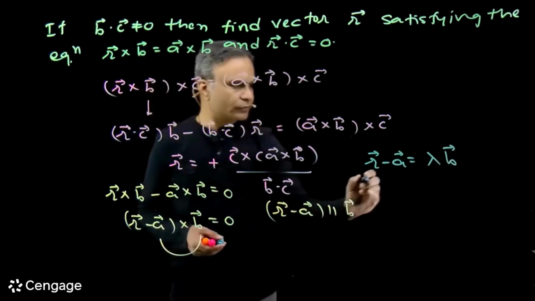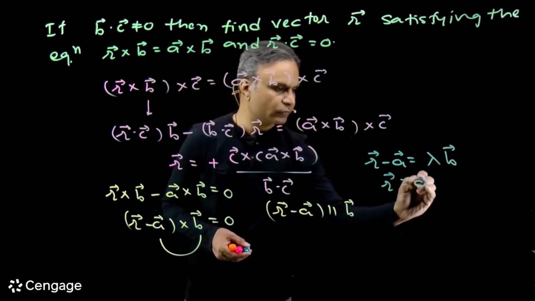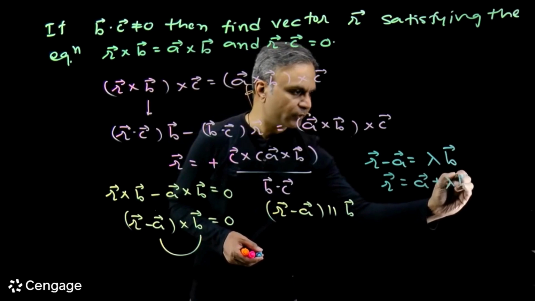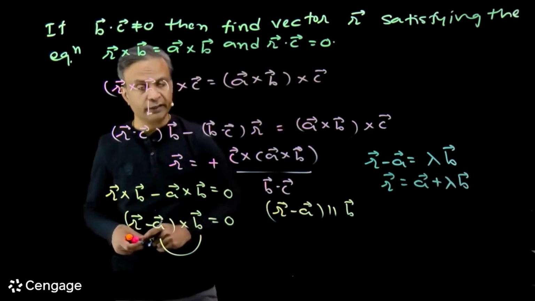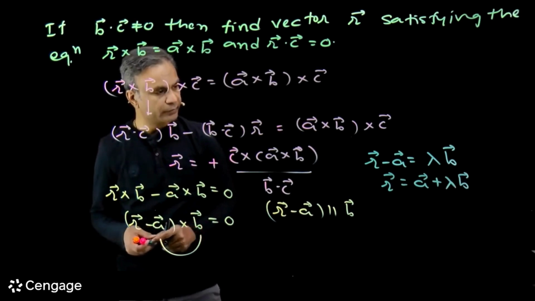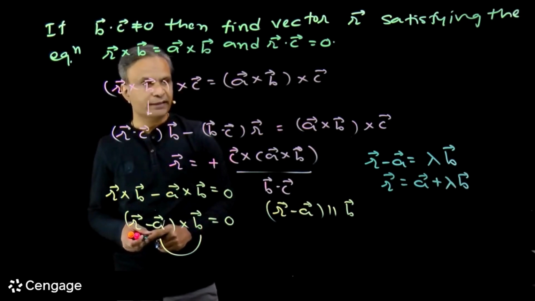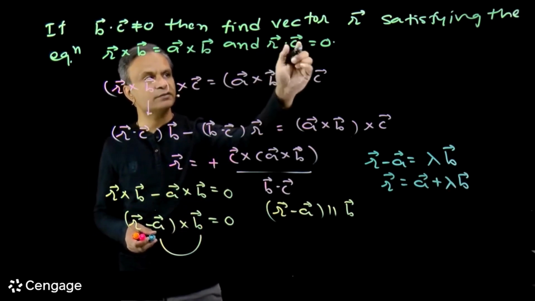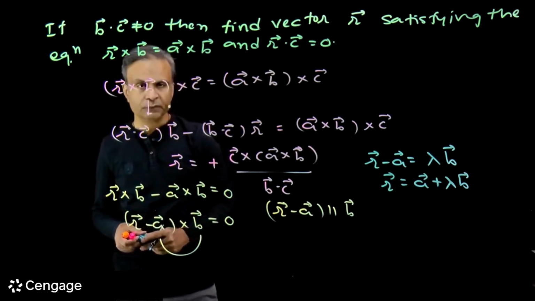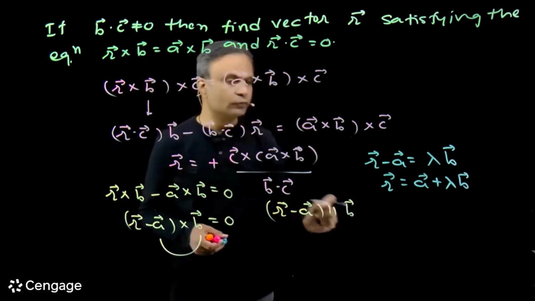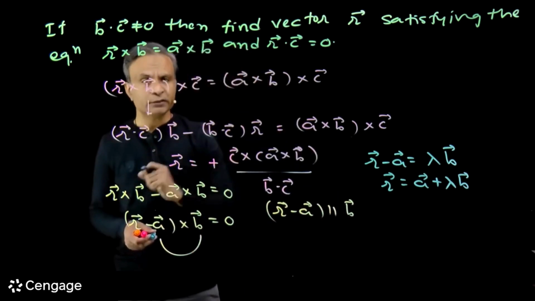So we have vector r is equal to a plus lambda b, but here we need to find the value of lambda. हमें lambda की value निकालनी पड़ेगी. कैसे निकालेंगे lambda का value? It is given that r dot c is equal to 0. इसको यूज करना है. कैसे यूज करेंगे? We take dot product with vector c. c के साथ dot product लेंगे.